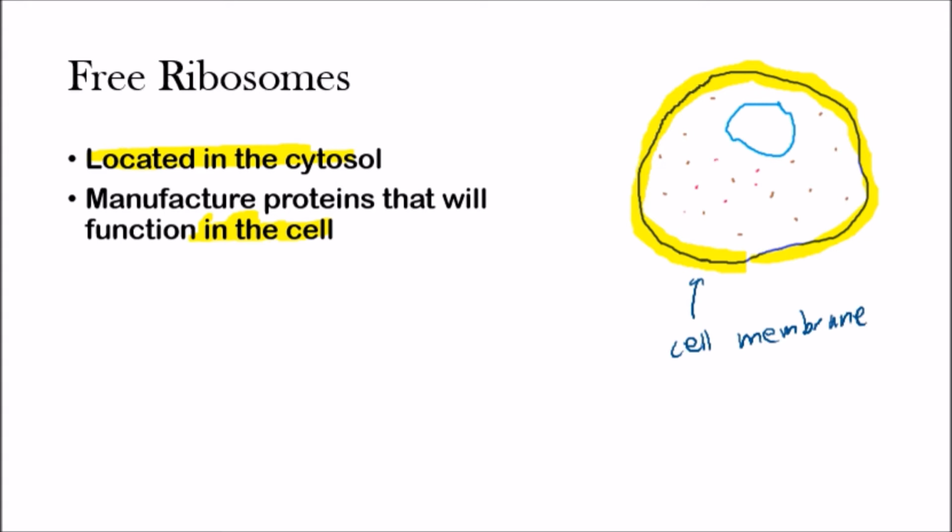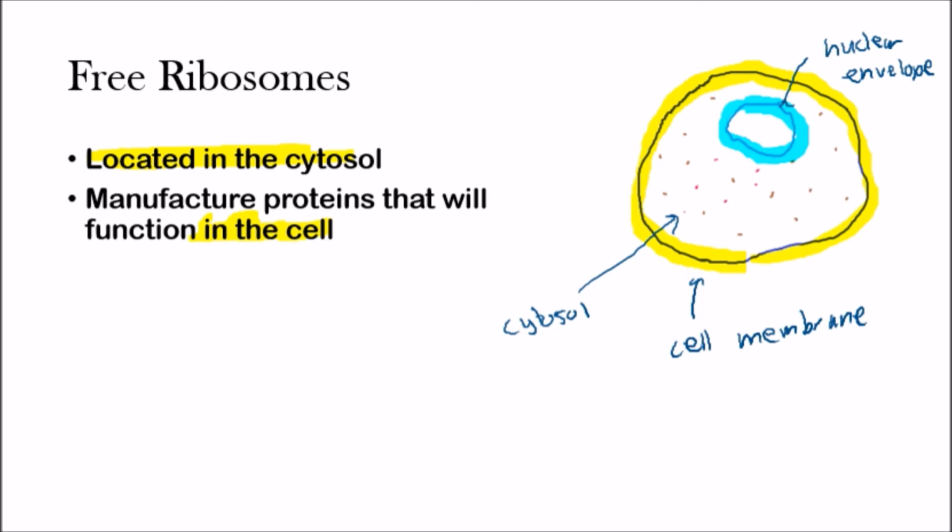I meant to say cell membrane, not nuclear membrane, sorry. And here we have the nuclear membrane, also known as the nuclear envelope. The region between them is the cytosol. In the cytosol is where you're going to find these free ribosomes floating around. Those red dots are free ribosomes.